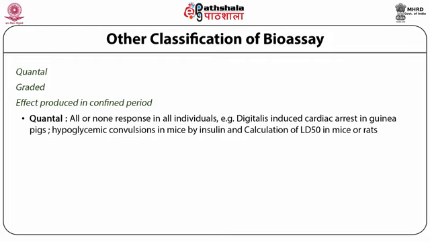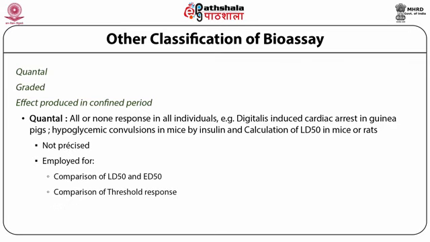For example, digitalis induced cardiac arrest in guinea pigs, hypoglycemic convulsion in mice by insulin, and calculation of LD50 in mice or rats. Quantal bioassay is not precise. It is mainly employed for comparison of LD50 and ED50 and comparison of threshold response.